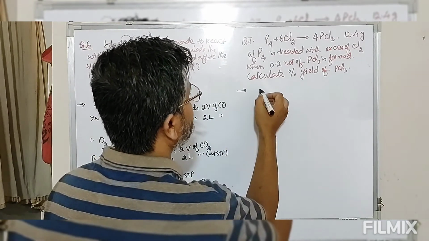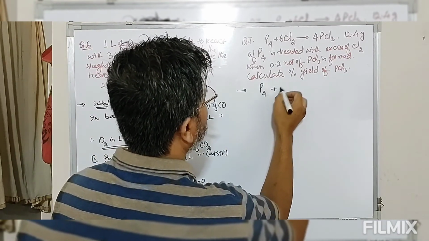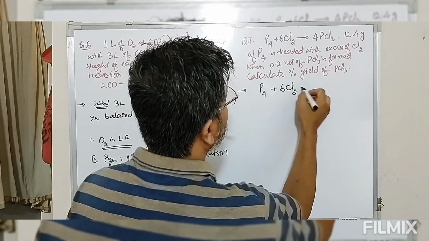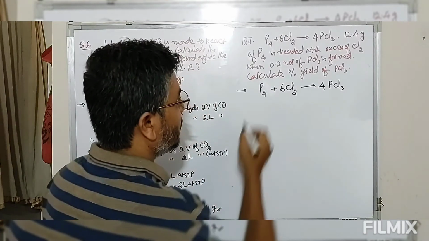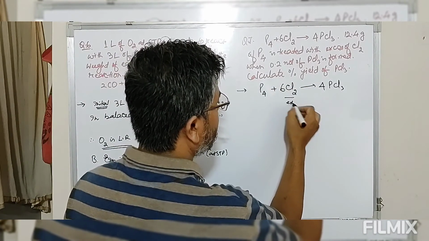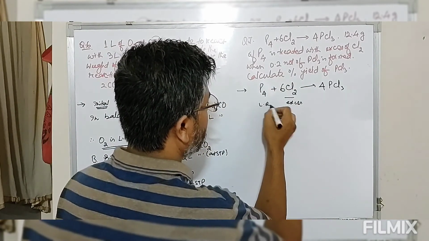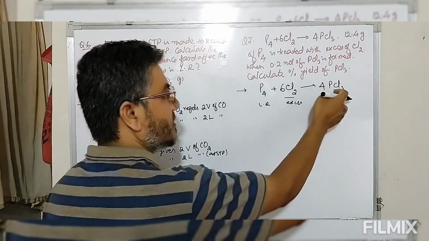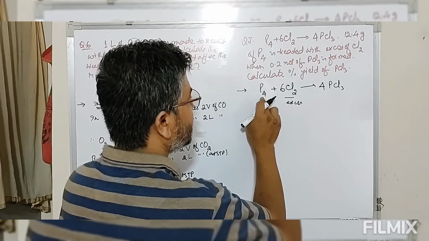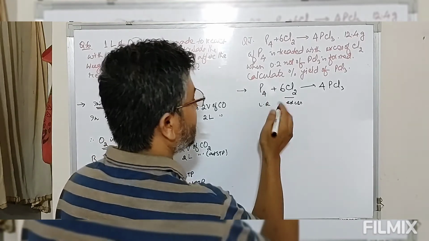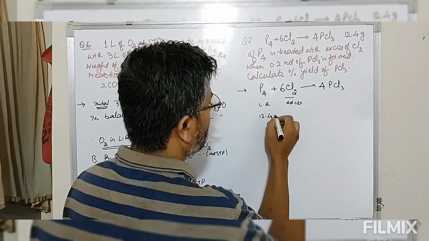So we have this reaction P4 plus 6Cl2 gives 4 PCl3. Question clearly says this is taken in excess, so this must be your limiting reagent, so we can easily define the product. Look at this. In this reaction, amount of P4 introduced is 12.4 grams.